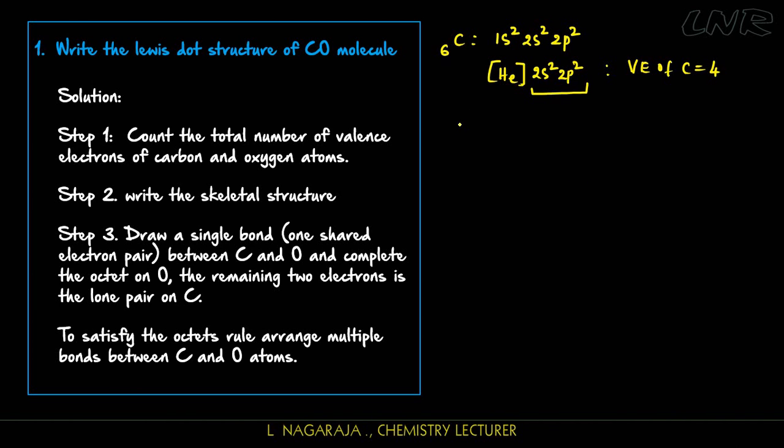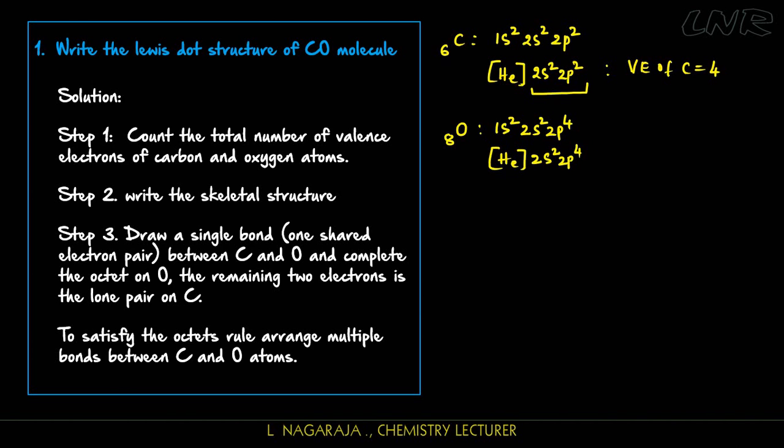And let us take an oxygen atom. The atomic number for oxygen is 8 and its configuration is 1s2, 2s2, and 2p4: 4, 5, 6, 7, 8. This is also written as helium, 2s2, 2p4.